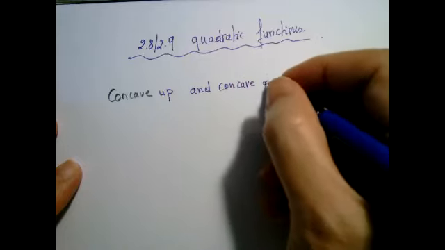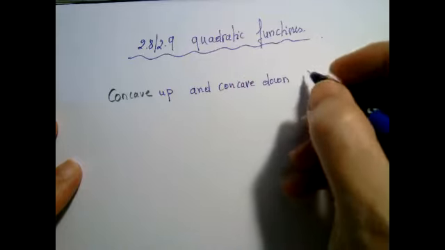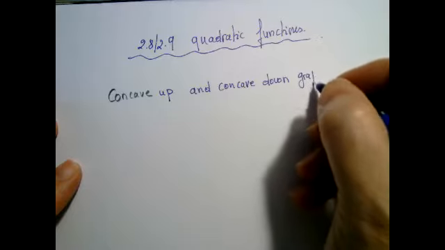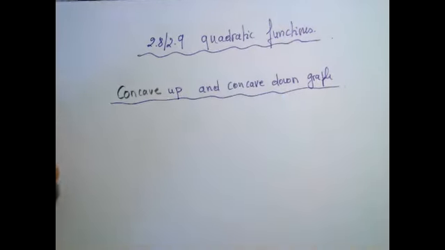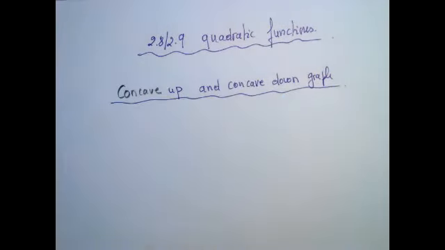Okay, so far, most of the functions we took were linear. I mean, their graph was a straight line. But a lot of functions, definitely, the graph is not a straight line. The graph starts curving.